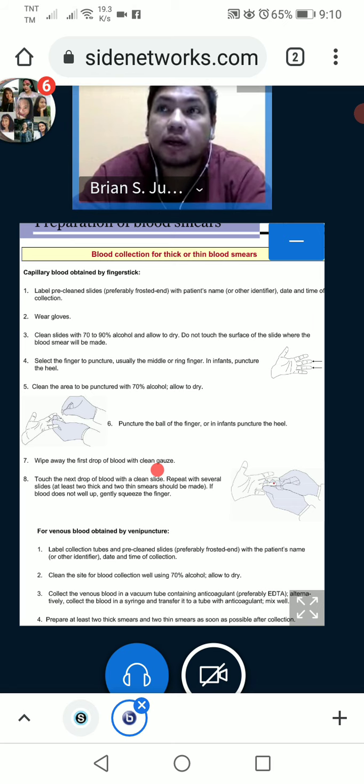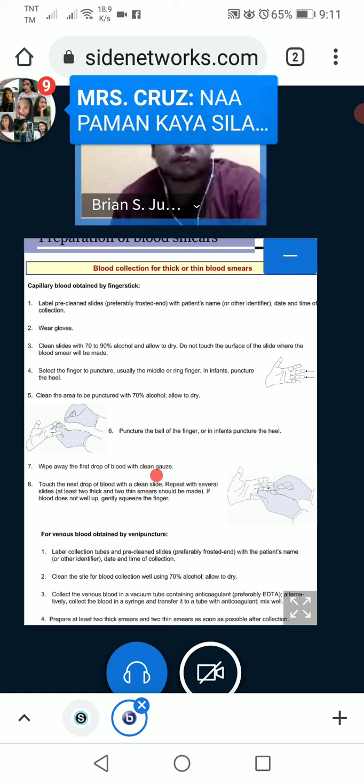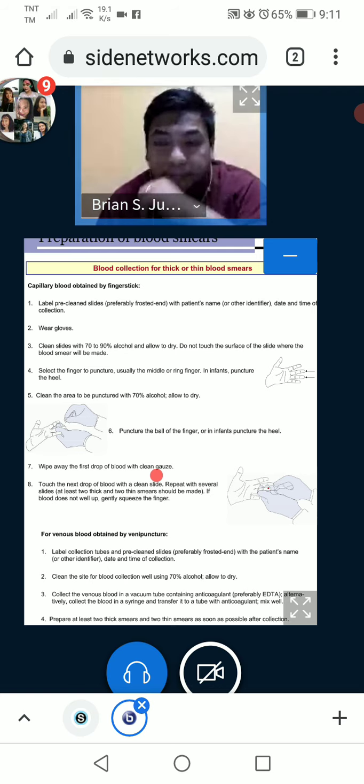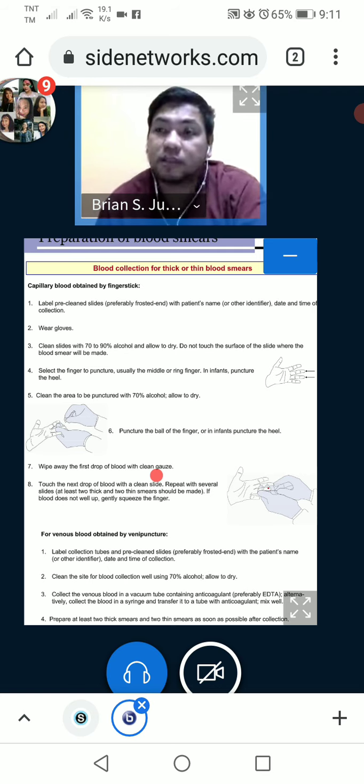The malaria parasites endemic in the Philippines are falciparum and vivax. The rest, malariae and ovale, usually nakikita mo yan sa mga foreigners. Pero I think meron na atang vivax incident sa Philippines.